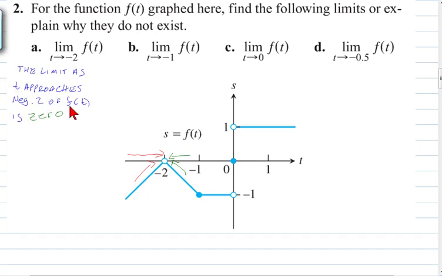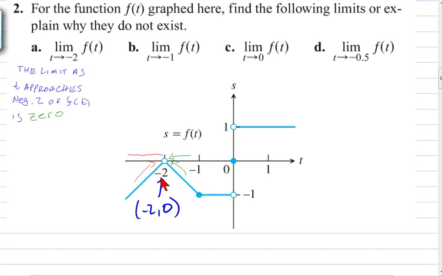There's your function. So the y values are getting really, really close to this point 0. The ordered pair for this point right here is negative 2, 0. Do you agree that that's what this point right here is?